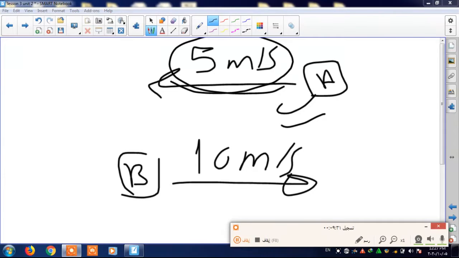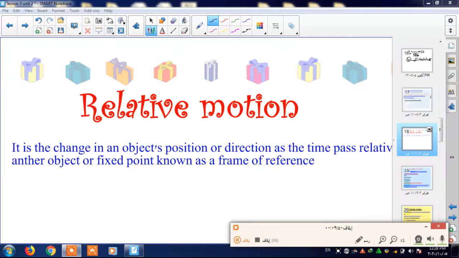Now, what is the meaning of the relative motion? It is a change in the object position or direction from time to time relative to another object. This object can be at rest or can be in motion state. Again, it is a change in the object position or direction relative to a fixed point or movable point.